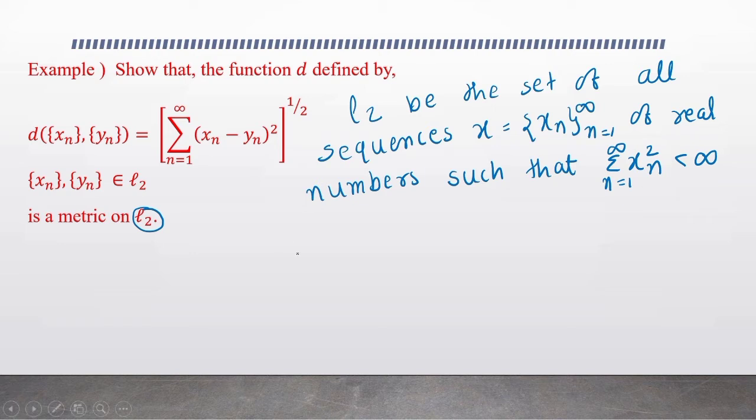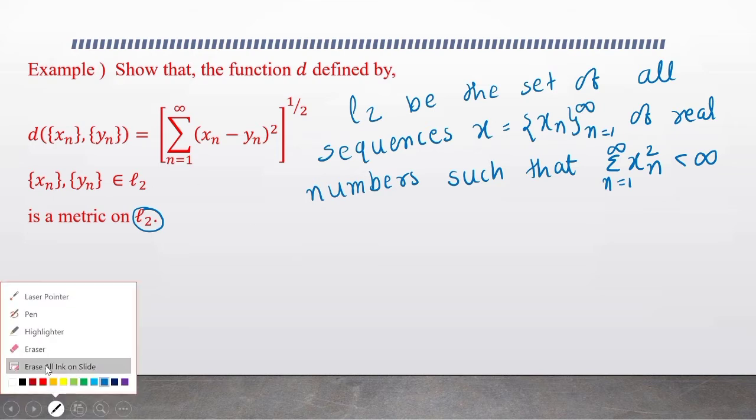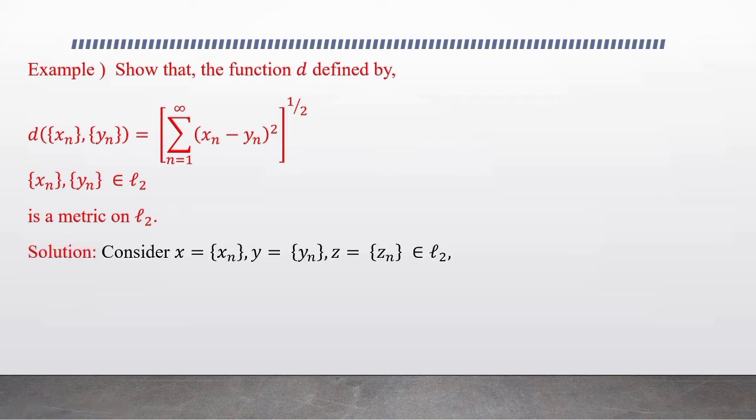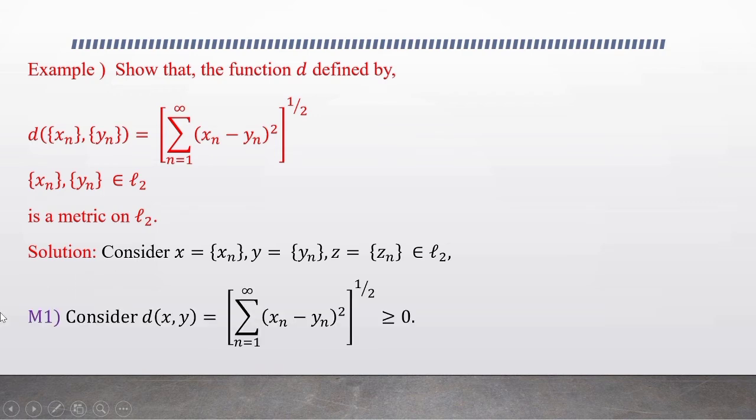Now, we have to show that this d is a metric on this L2. So, consider the three elements x is equal to sequence xn, y is equal to sequence yn, z is equal to sequence zn belonging to L2. The first condition, consider d of xy.